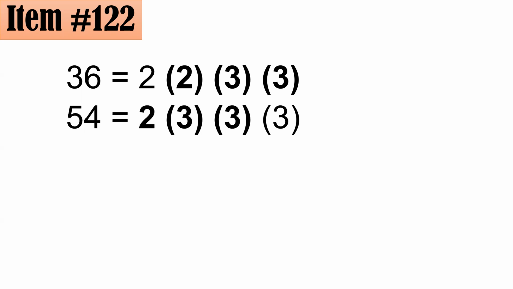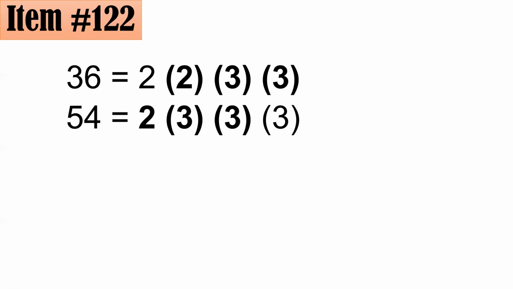So kung inyo pong mapapansin, 2 is a common factor to both of them. 3 is also a common factor, and this is another 3, which is a common factor. The rest, dapat pares po yan. Pares, pares, pares. The rest have no pairs.